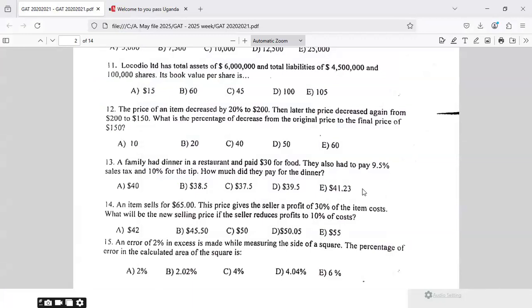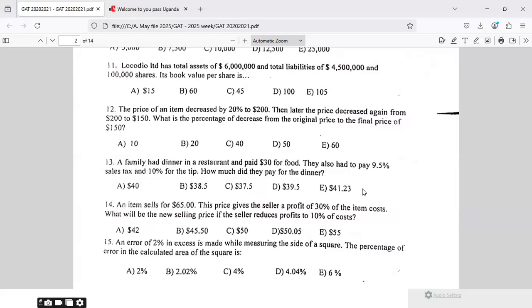They also had to pay 9.5% sales tax and 10% for tip. How much did they pay for the dinner?